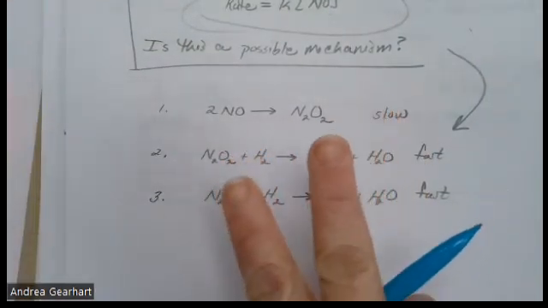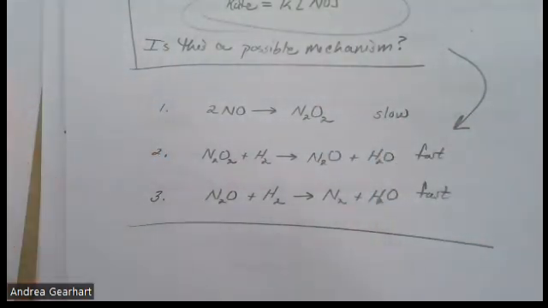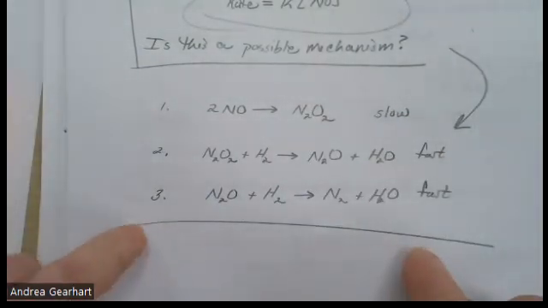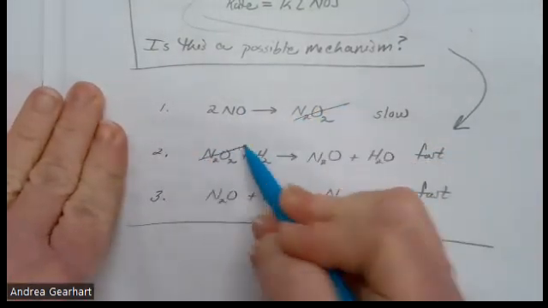Our two tests. First, do the steps add? It doesn't mean we have to do this one first, but we'll go ahead and do this because I just went over it. Do the elementary steps add to yield the overall equation? First thing I'm going to get rid of are reaction intermediates. So I produce this, gone.